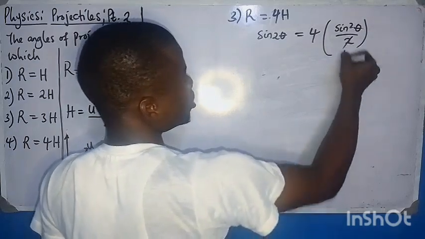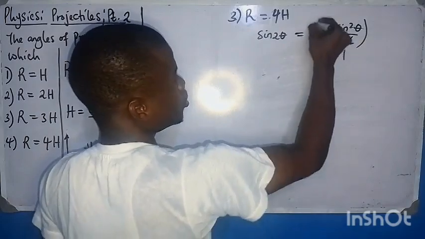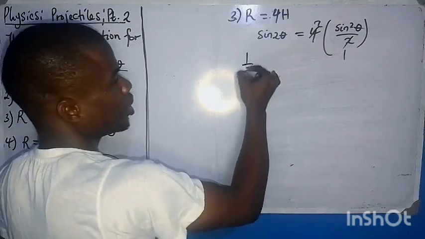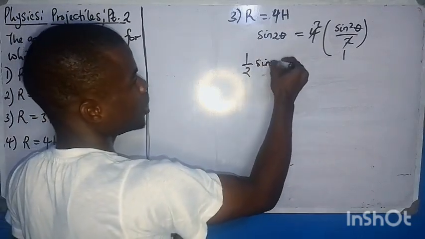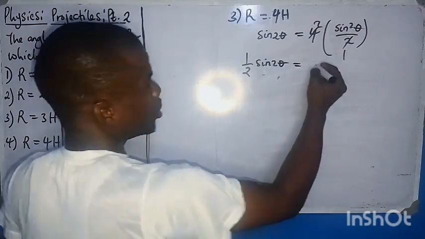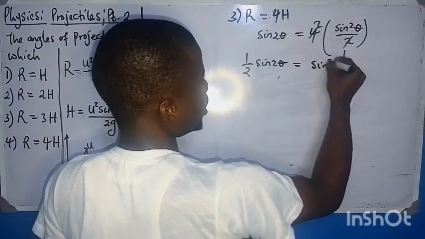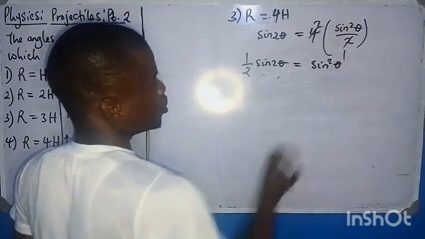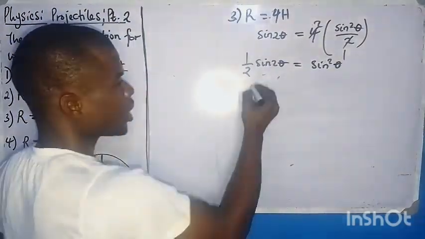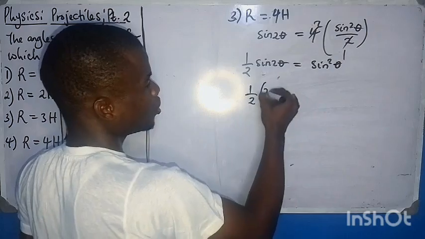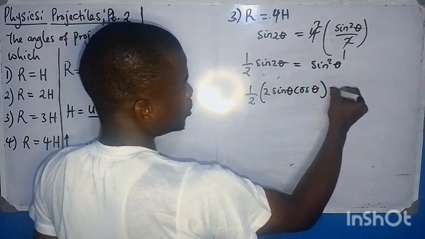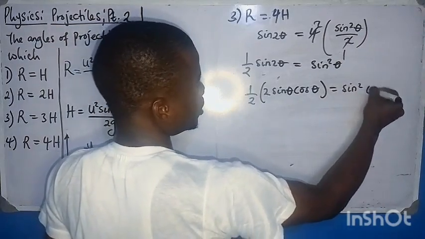So this would give us 2. So if we divide both sides, we are going to have sine 2 theta is equal to sine squared theta. So that if we change this to 2 sine theta cos theta, we are going to have half of 2 sine theta cosine theta is equal to sine squared theta.